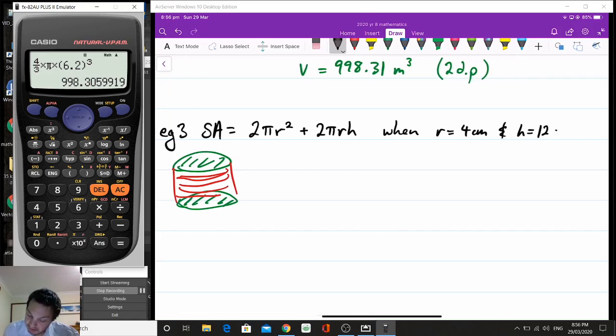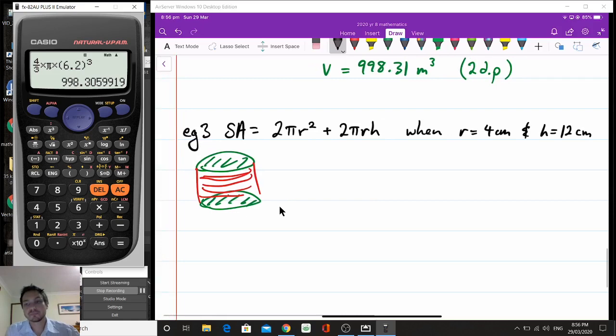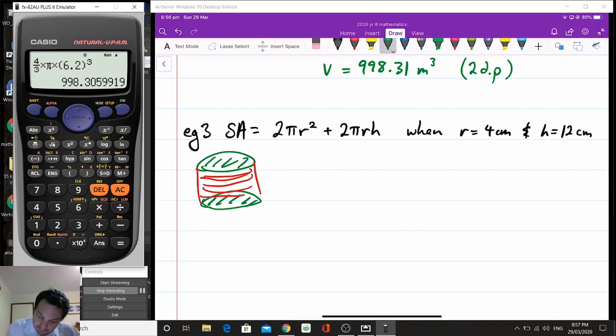We'll just have whole numbers, that's fine. So what is the surface area of this whole cylinder given that the radius from the center to the outside is 4 and the height of that cylinder, like that red line just there, is 12. Okay, and at least 3 lines of working, and we say, where's a good color?